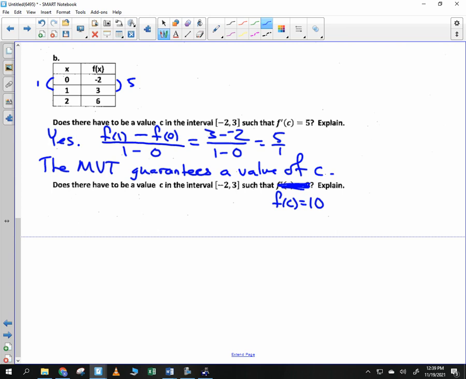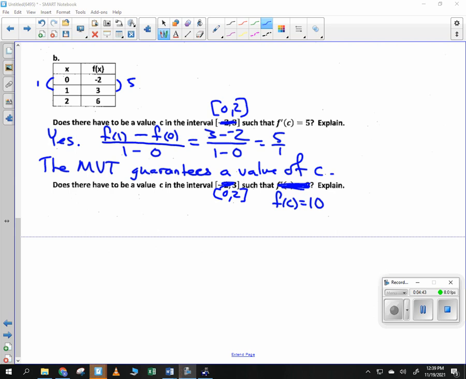Okay, so I'm going to change it. Change this last one to be f of c is equal to 10. Does there have to be a value of c in the interval from, so for people watching on YouTube, looks like I never changed the interval. It should be from 0 to 2. That's our interval.